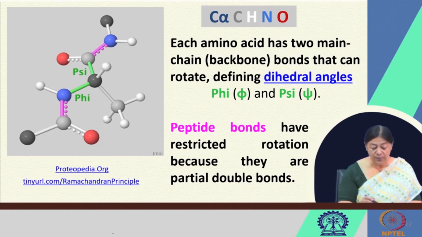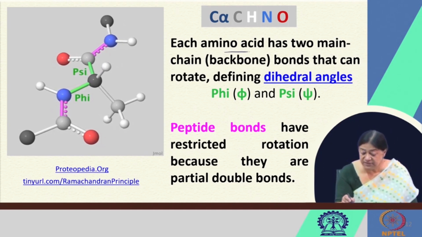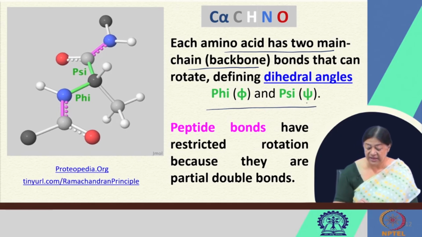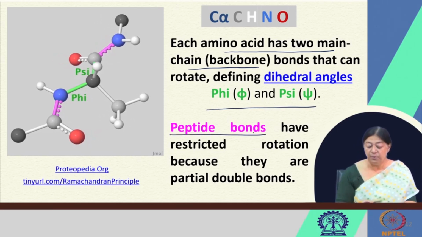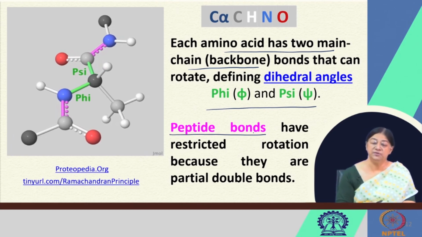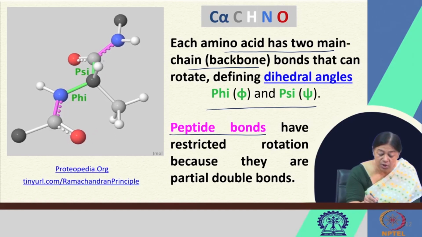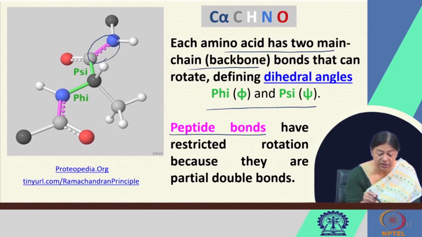But now when we look at the phi psi angles, each of these amino acids has two main chain backbone dihedral angles, phi and psi, and we know already that the peptide bonds have restricted rotation because of the partial double bond character that is represented by this dotted line that you see here, where we have the CO and the NH.